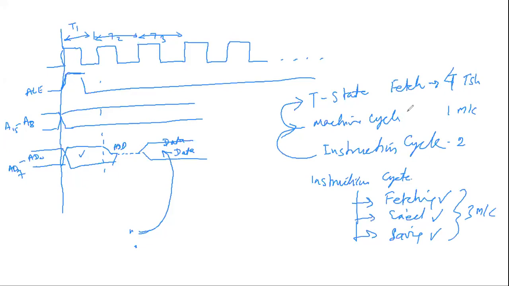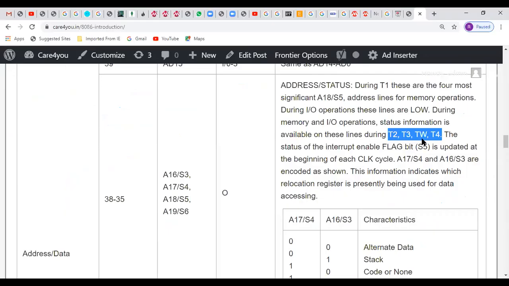But only the fetching operation may require one machine cycle, and only the fetching operation will require 4 T states. So now I hope the concept of states is clear to you. If you have any doubts, you can be with me. So this is what exactly the different states are.